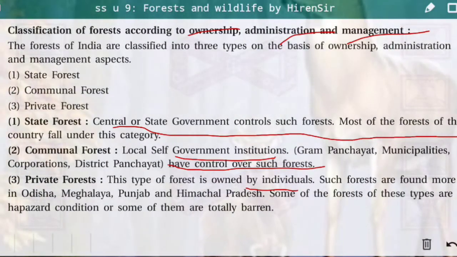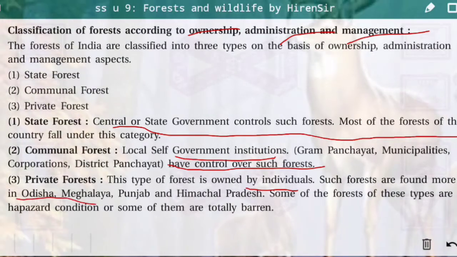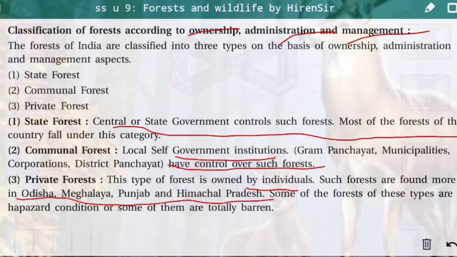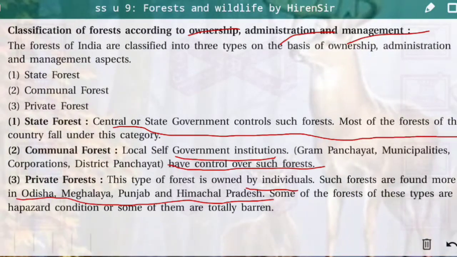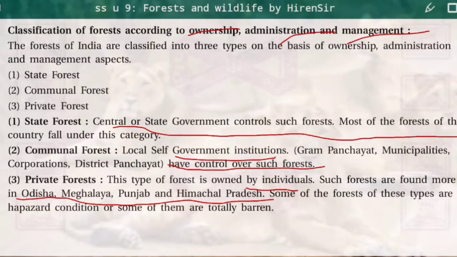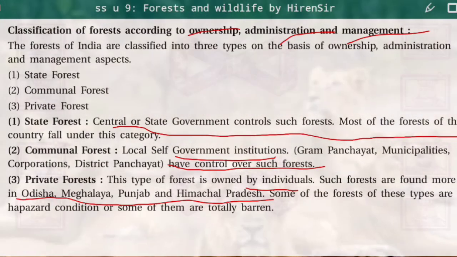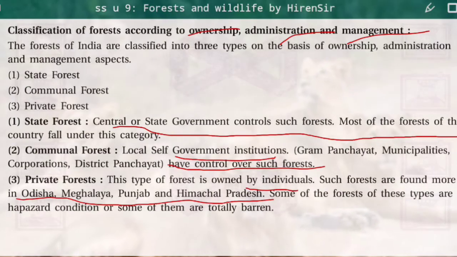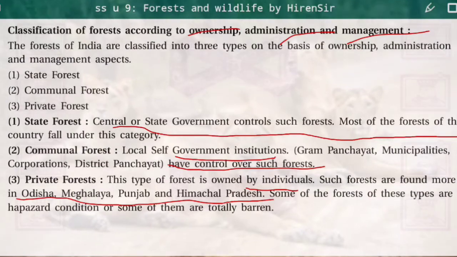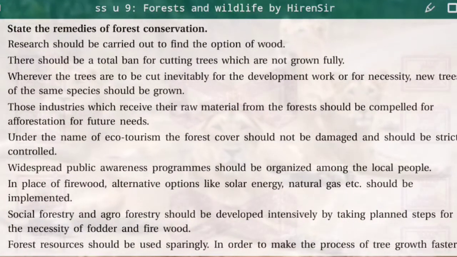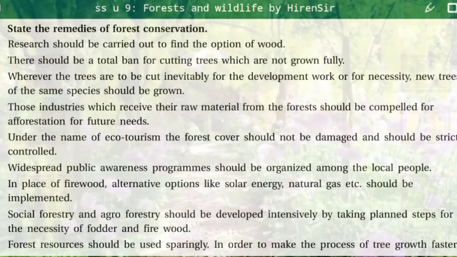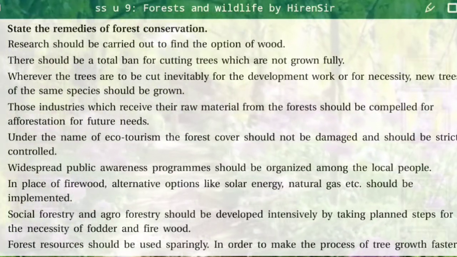Such forests are found more in Odisha, Meghalaya, Punjab, Himachal Pradesh. Some of these forests are in haphazard condition and some are totally barren. So this is one of the important topics and you will have to write a short note on them.